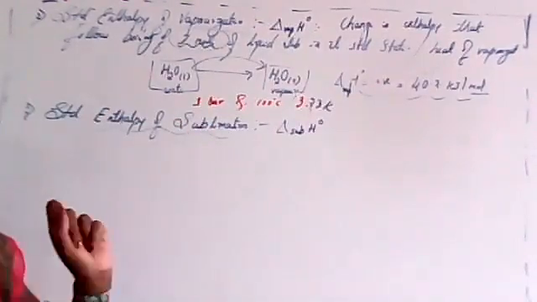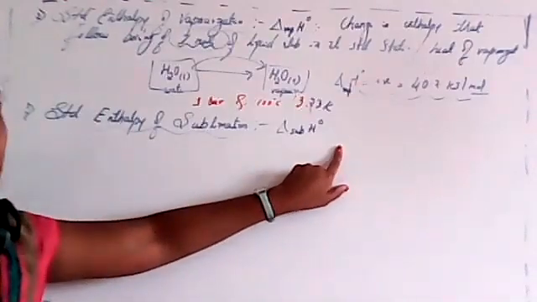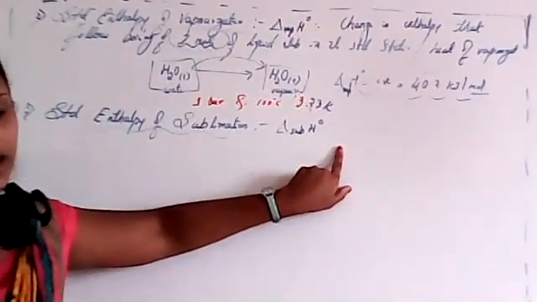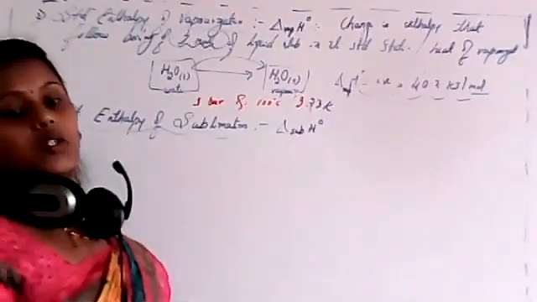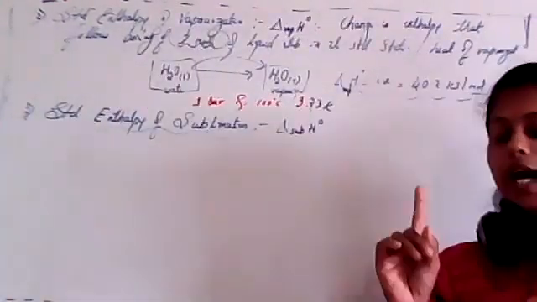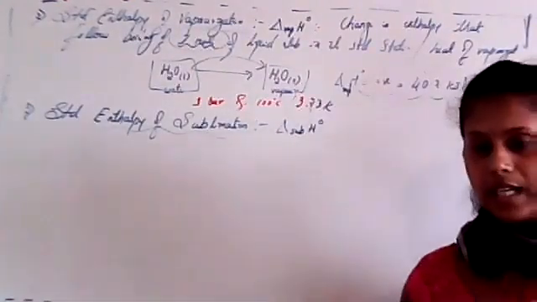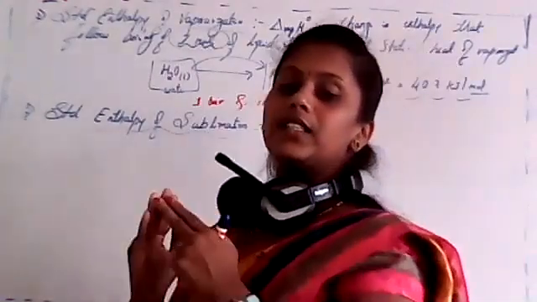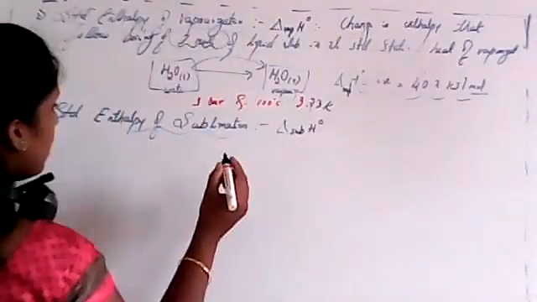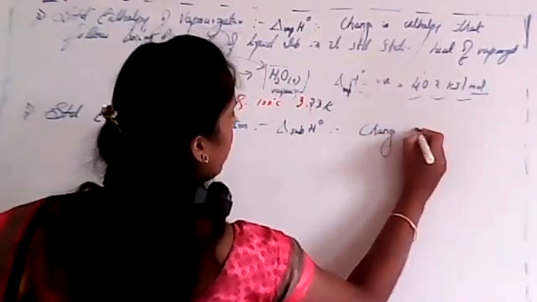It is a change in enthalpy that is required to change 1 mole of solid into its gaseous state in a standard state. See, change in enthalpy or energy required.